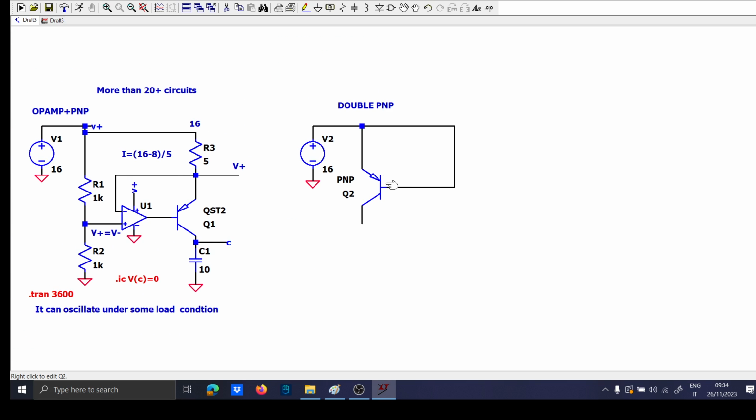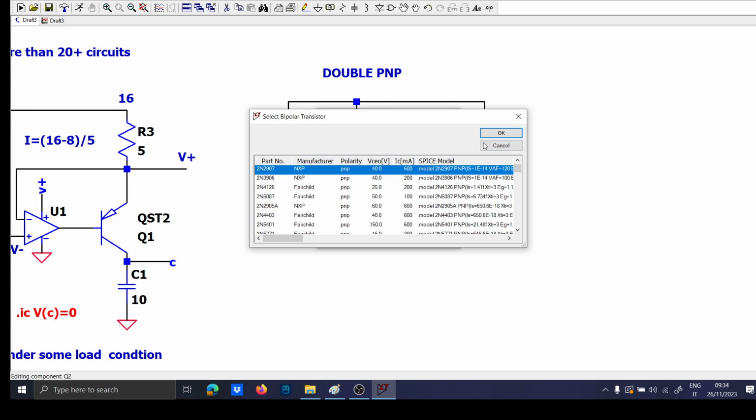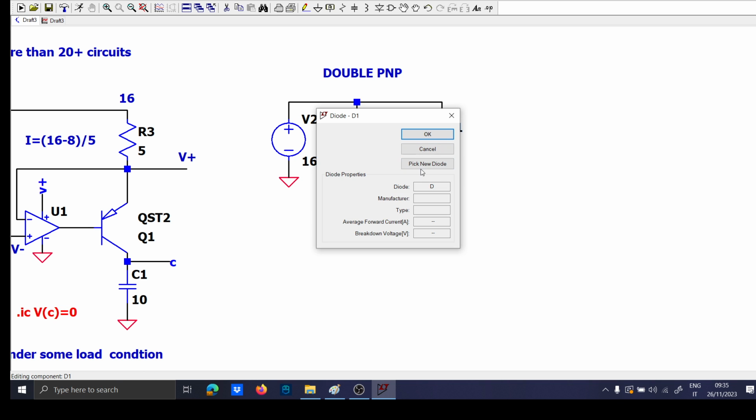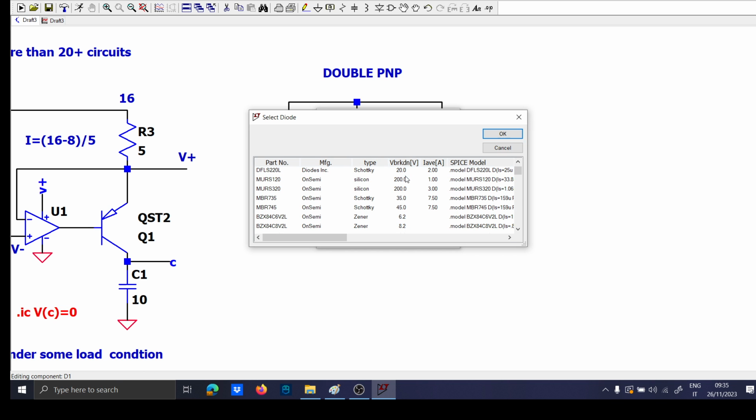And the way to do that, you can either put a resistor, like I did, but there is also another technique, which is to put a diode. You have probably seen this circuit in some schematics. Let me put a real diode, because it is important.